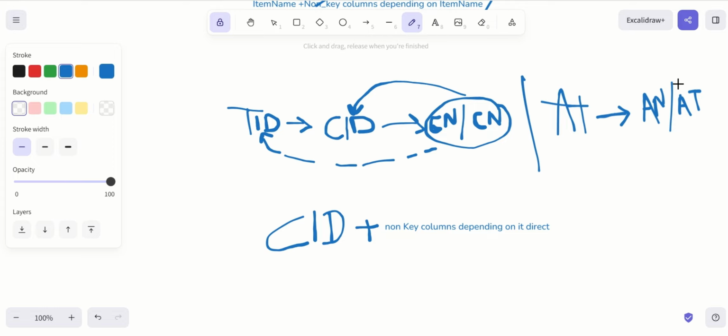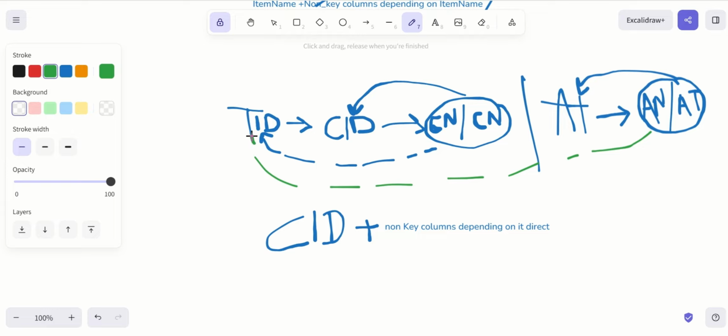So these, they depend on this one. They directly depend on this agent ID, but indirectly depend on the transaction ID. Yet we know the transaction ID is the main key.